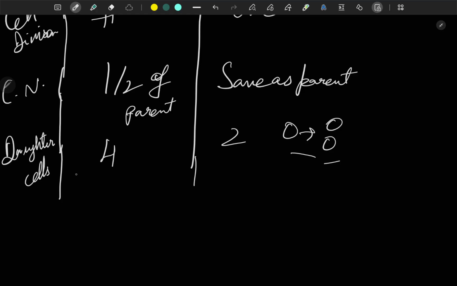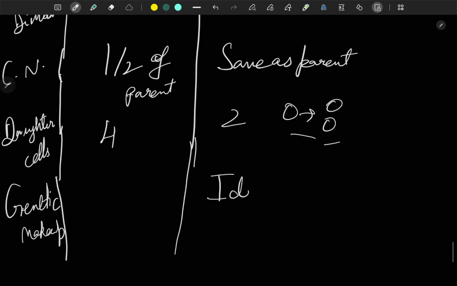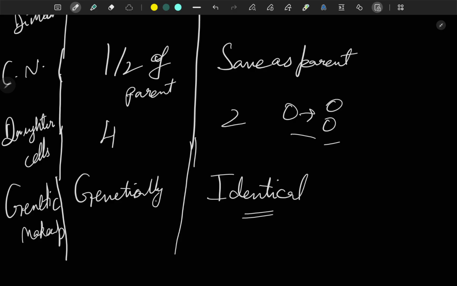Lastly, what happened? Genetic makeup: in mitosis, it is nearly identical, same nature. But in meiosis, it is genetically different. The offspring are different.